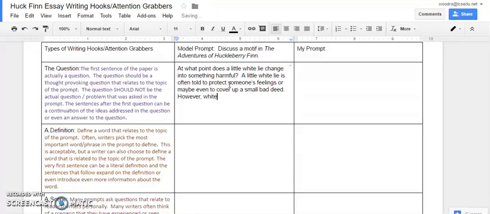However, white lies can quickly change into something bad or harmful. So again, right now I'm just thinking about something I could say. And this may or may not fit with my thesis as I have it written. I would go back and change it around if I need to. But again, this is brainstorming for me.